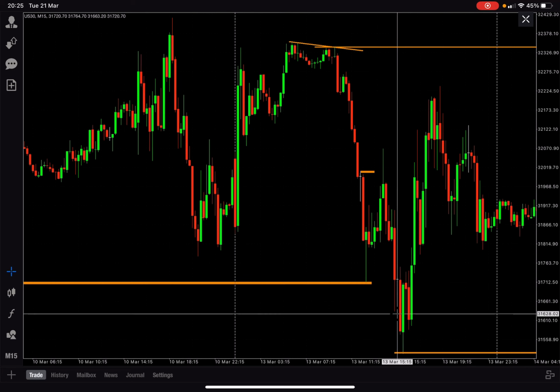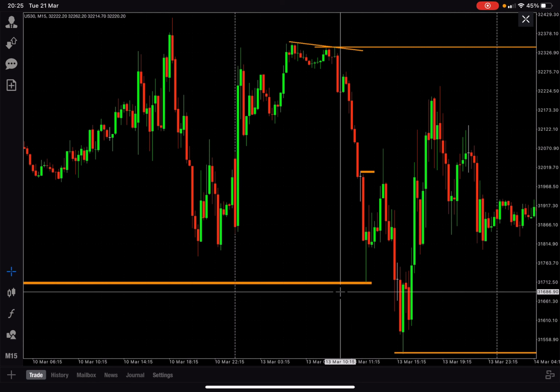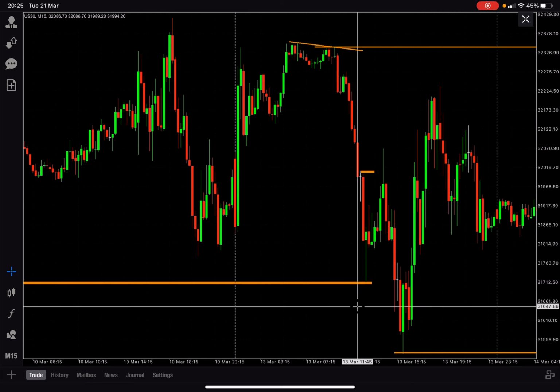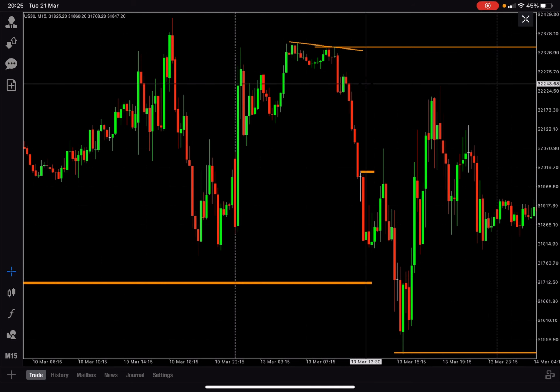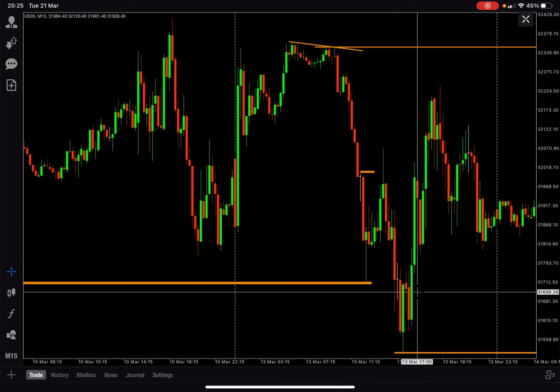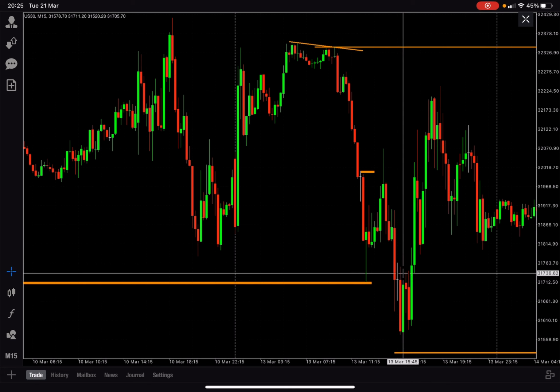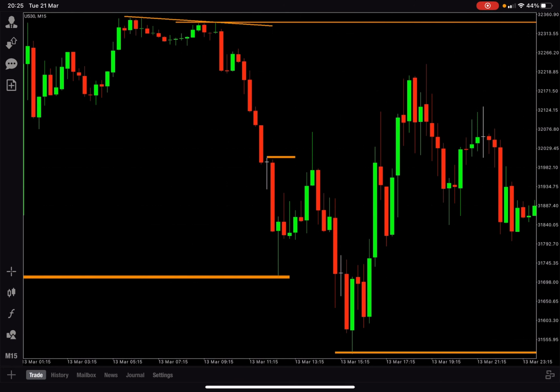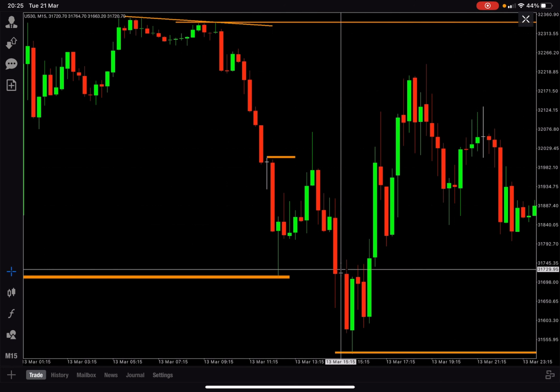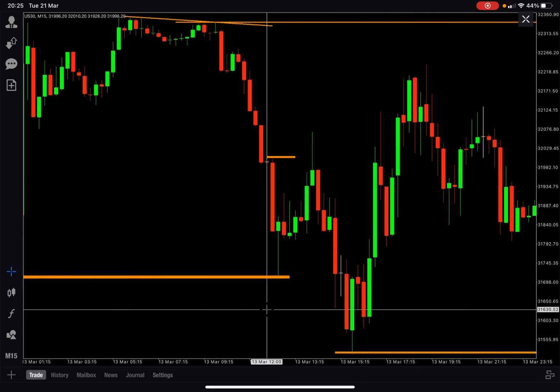Then price starts consolidating once we take liquidity, and then once we take liquidity, you aim for the other side. Because we have liquidity up here, your bias would have been to the buy side. So you look for a buy setup, and right in this area, you form a bearish FVG. So these candles take liquidity here.